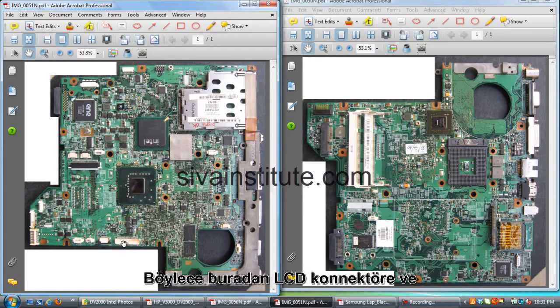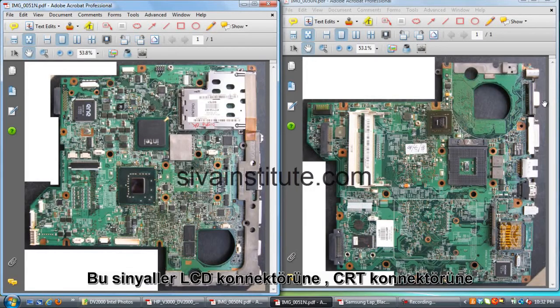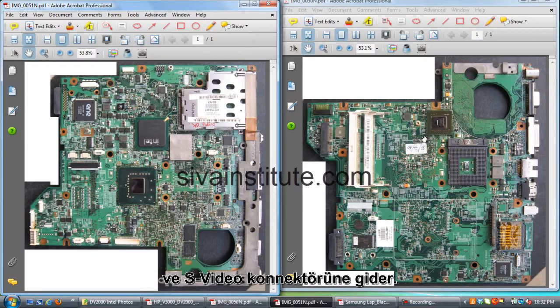This voltage goes to the LCD connector and graphic control connector. This voltage goes to the VGA connector and S video connector. When this signal goes to the LCD panel and VGA connector and S video, display will come.